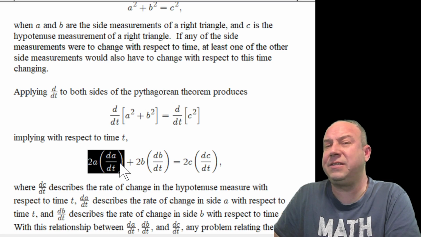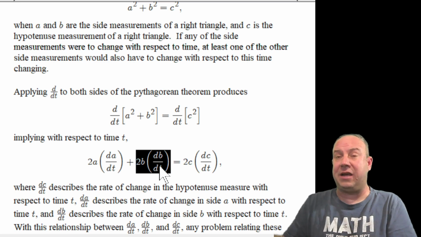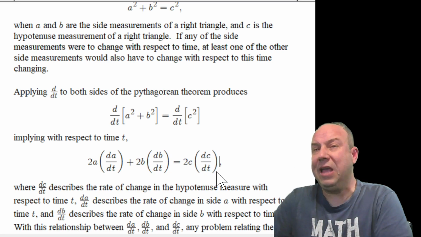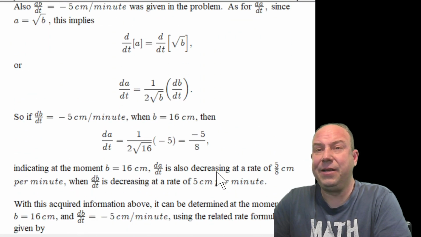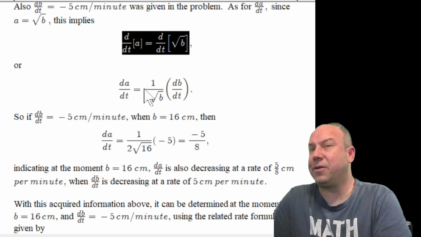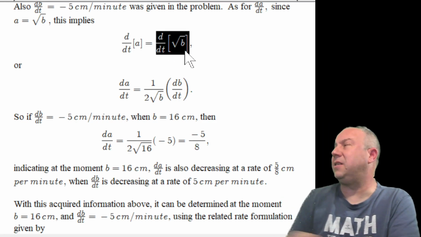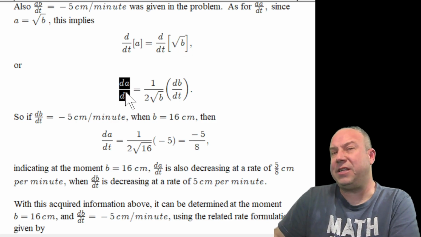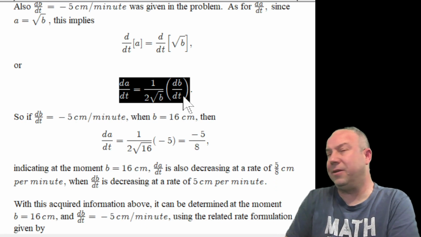That's where we got these two terms on the left-hand side of this relationship for the related rates and this term on the right-hand side. And this is how we worked through determining dA/dt in terms of B. We applied that derivative operator to both sides of that useful relationship, and we found that dA/dt was equal to 1 over 2 root B times dB/dt.